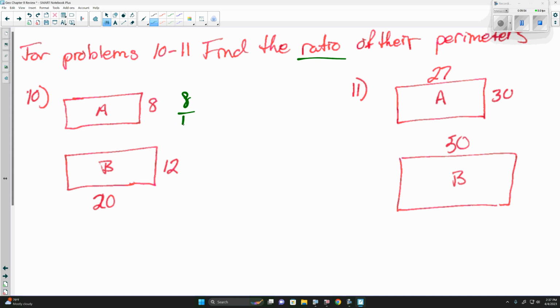The ratio of the sides is 8 to 12, which is 2 over 3, or 2 to 3. I'll take 2/3 because it's just asking for the ratio. It didn't actually ask us to find any of the perimeters, it just asked us to find the ratio.